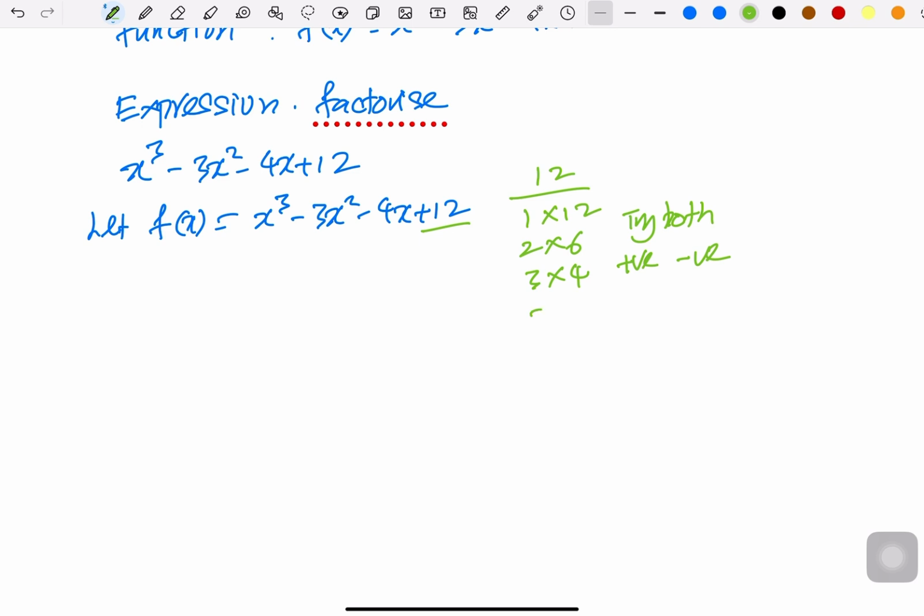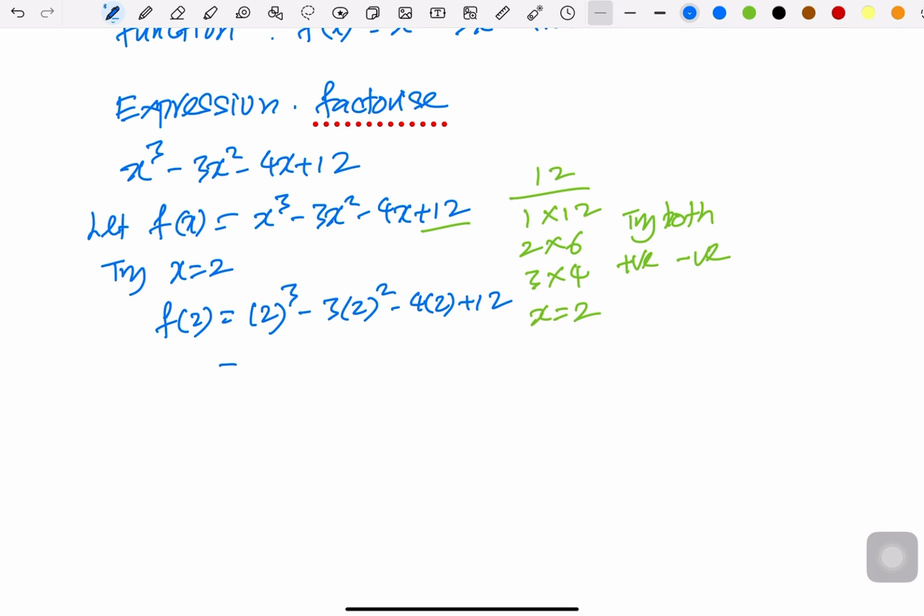Assuming now I get the first factor x equal to 2. So let's try x equal to 2. f(2), if I substitute, replace all the x with 2, so there will be 2 cubed minus 3 times 2 squared minus 4 times 2 plus 12. So this will give me 8 minus 12 minus 8 plus 12 equal to 0.